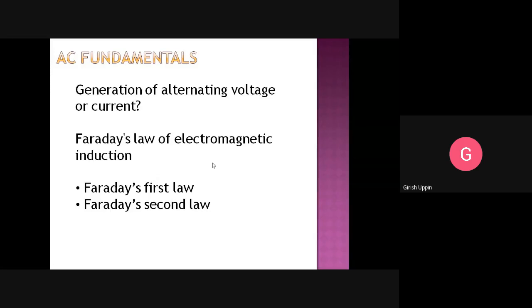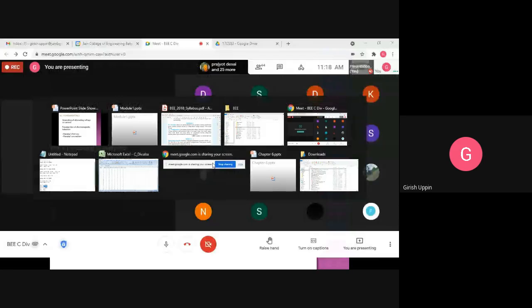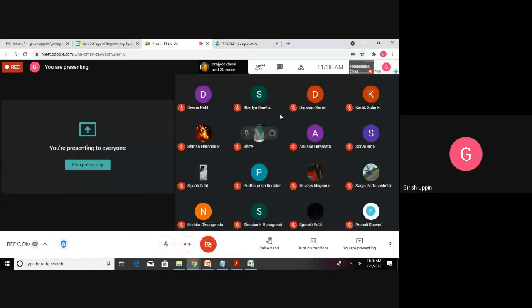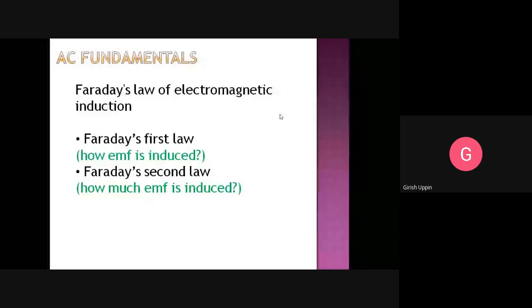Does anybody remember what Faraday's first law is? You have already seen it. These are also called Faraday's laws of electromagnetic induction. If you ask how EMF is induced in a conductor or a coil, the answer is Faraday's first law.